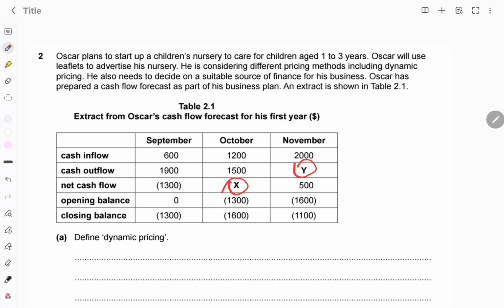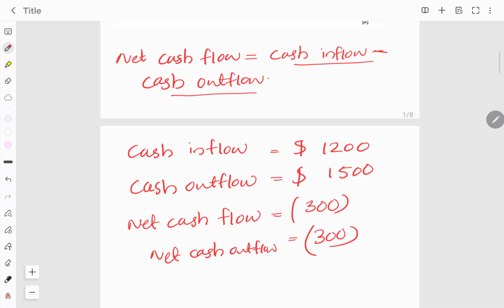So let us substitute the values from the table. Here we have cash inflow is 1200 and cash outflow is 1500, and the cash inflow minus cash outflow, so 1200 minus 1500 is 300.